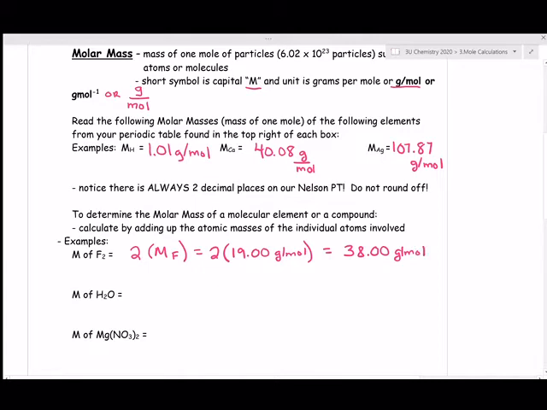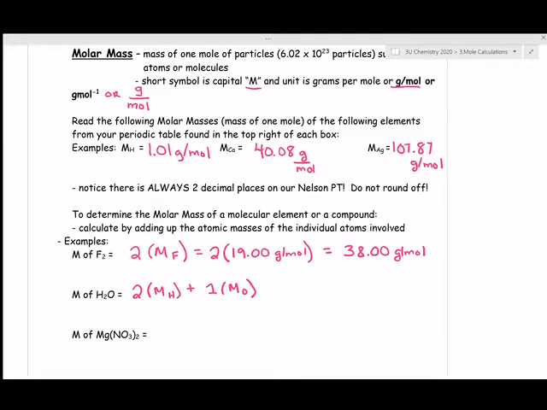Okay. So for water, we're going to have to add up 2 molar masses of hydrogen plus 1 molar mass of oxygen. Now, I'm showing a lot of work here, and I certainly don't expect you to show all this work. It's just for learning purposes.